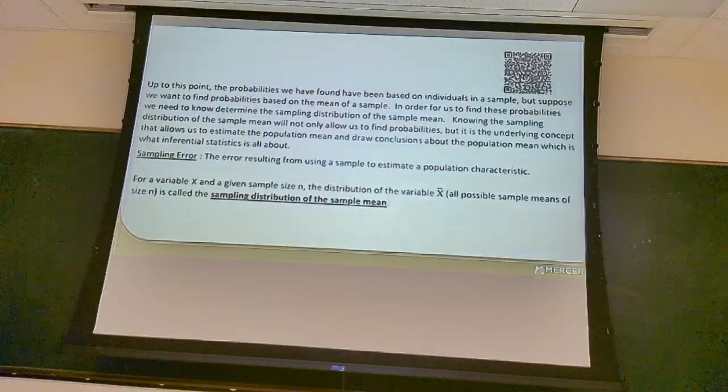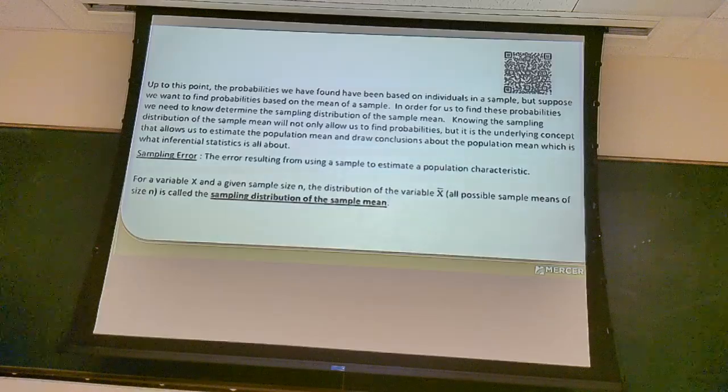If you're given a random variable x, x bar is the sampling distribution of the means. Generally speaking, we have, I don't want to say a population, but a set of data.